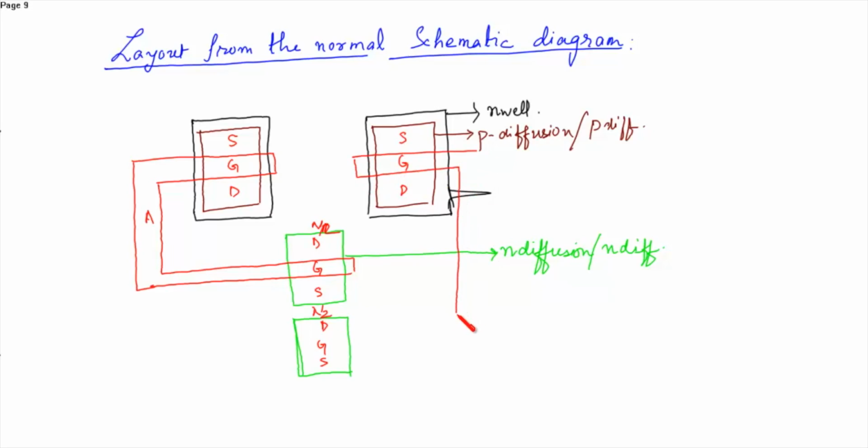Then this is the second input, that is B, and this is the poly layer.